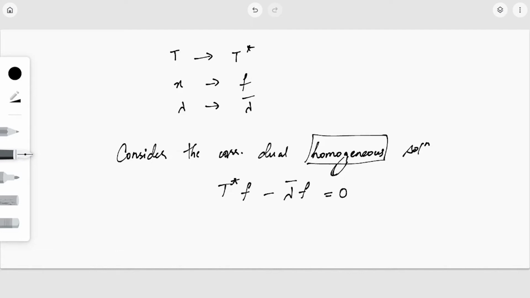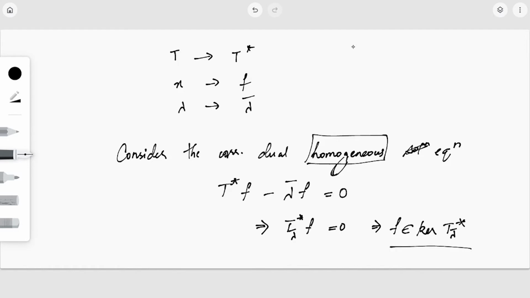Consider this homogeneous equation, not solution, equation. Now T star f minus lambda bar f equal to 0, or I can write this as T lambda bar star of f equal to 0. So I can say that f is an element of the kernel of T lambda bar star.